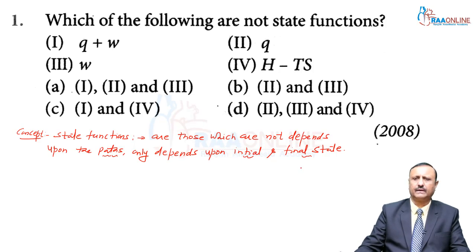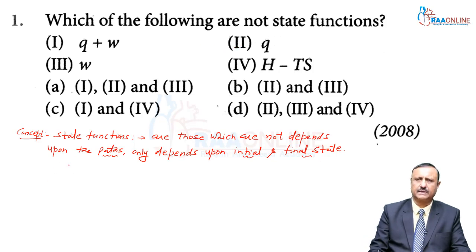Now we see which is the answer to this question. Here we see Q, which is heat, and W, the work. Q and W, heat and work, are called path functions. So, what are path functions, my dear students?